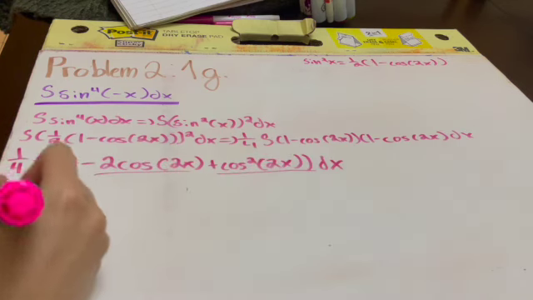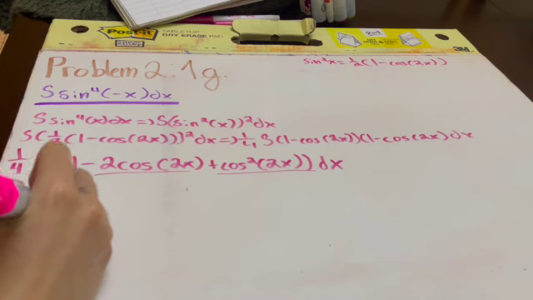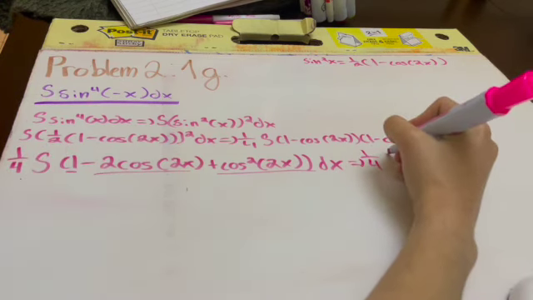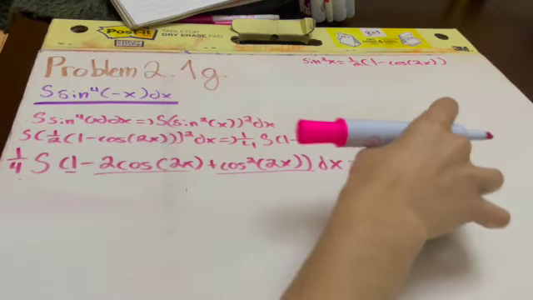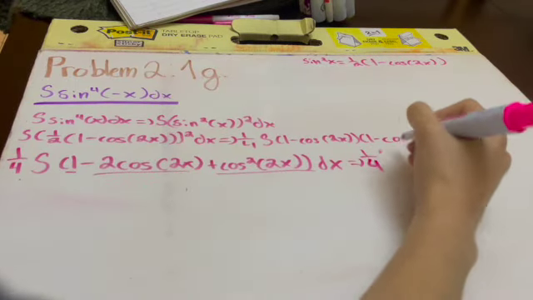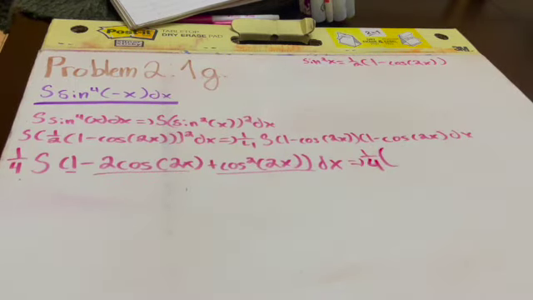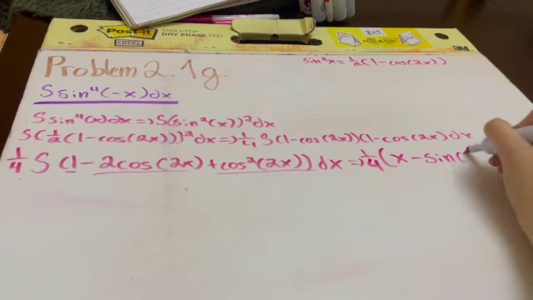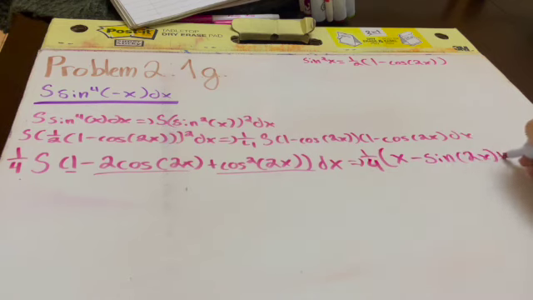That's still a problem. So I'm just going to isolate it right now so I can solve it. 1/4. So that one becomes x, and the 2's cancel out, so it's going to be minus sine 2x plus the integral of cosine squared 2x dx.